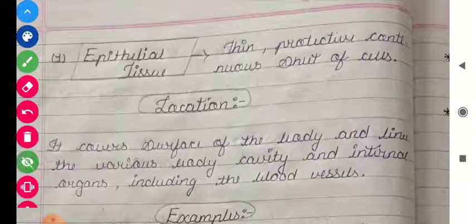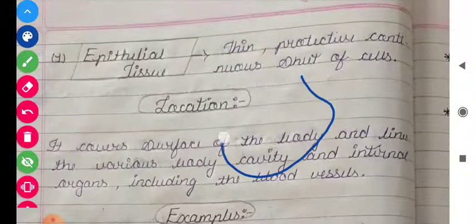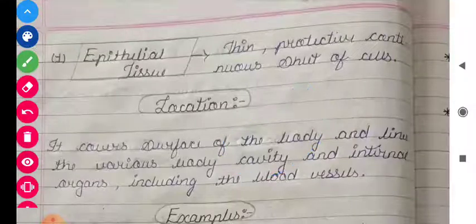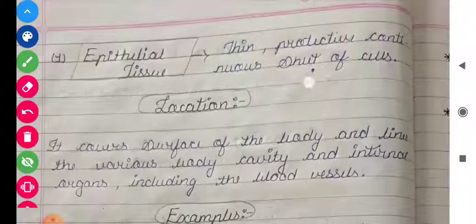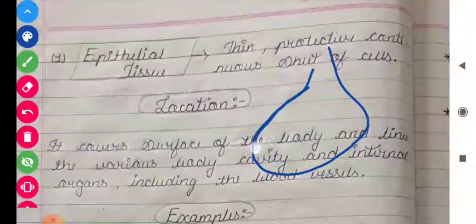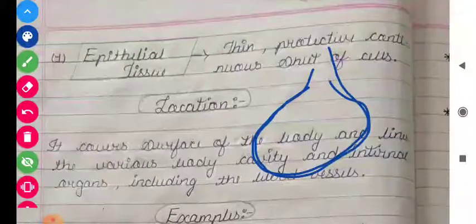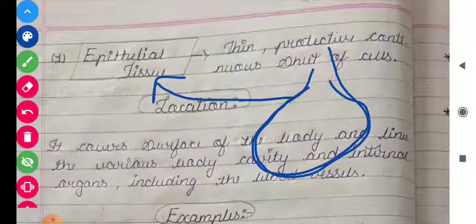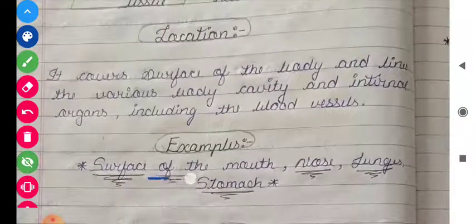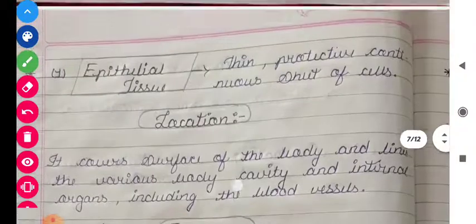If we draw the diagram of the stomach, students, this is the diagram of the stomach that you will study in standard 7, nutrition in animals. The stomach digests the food, and that surface of the stomach is made up of epithelial tissue. Similarly, the surface of the mouth is also made up of epithelial tissue.